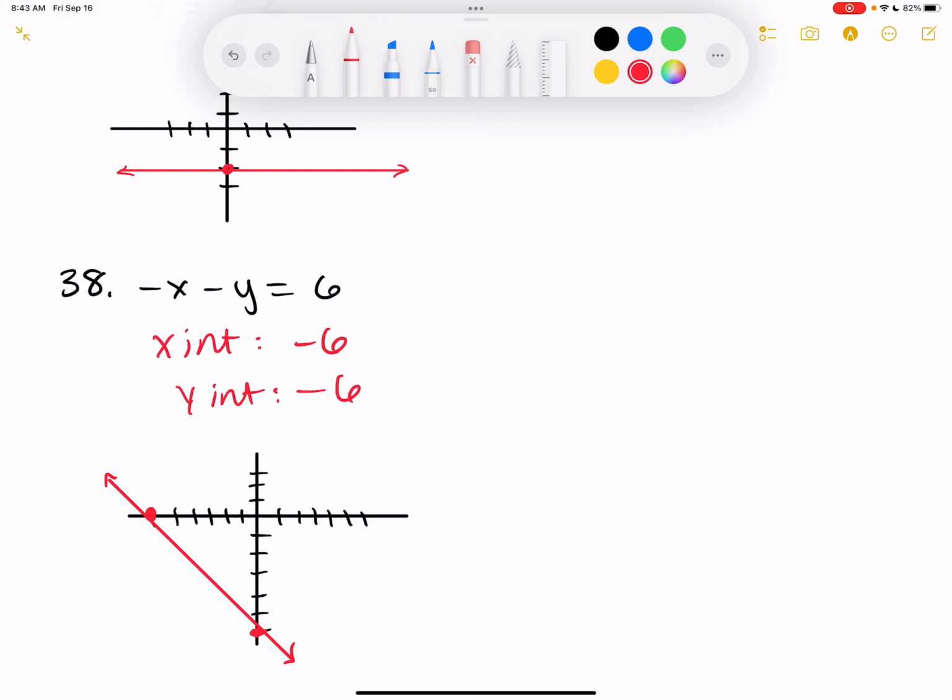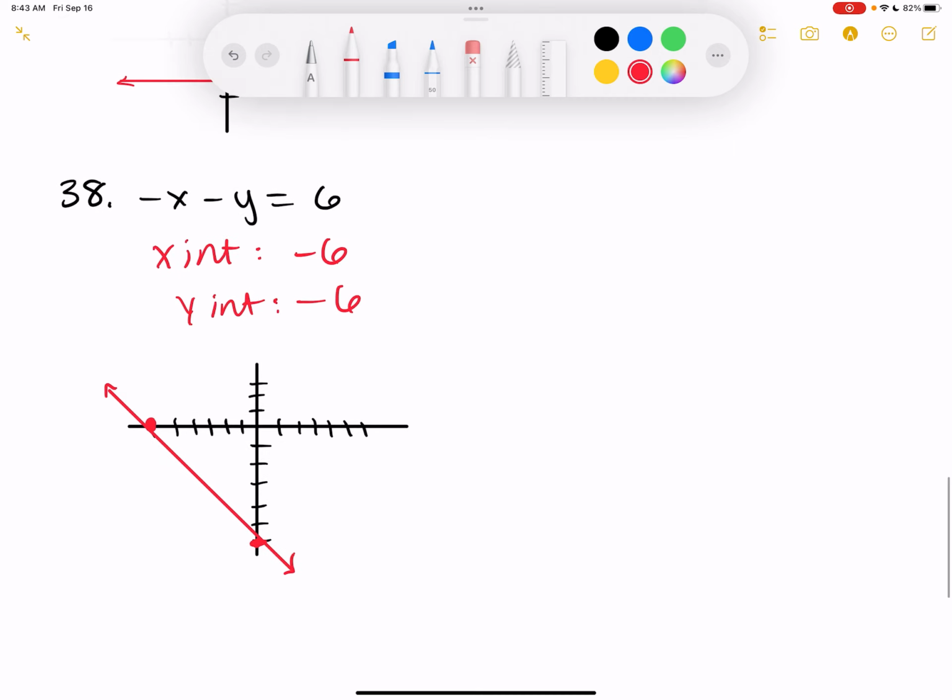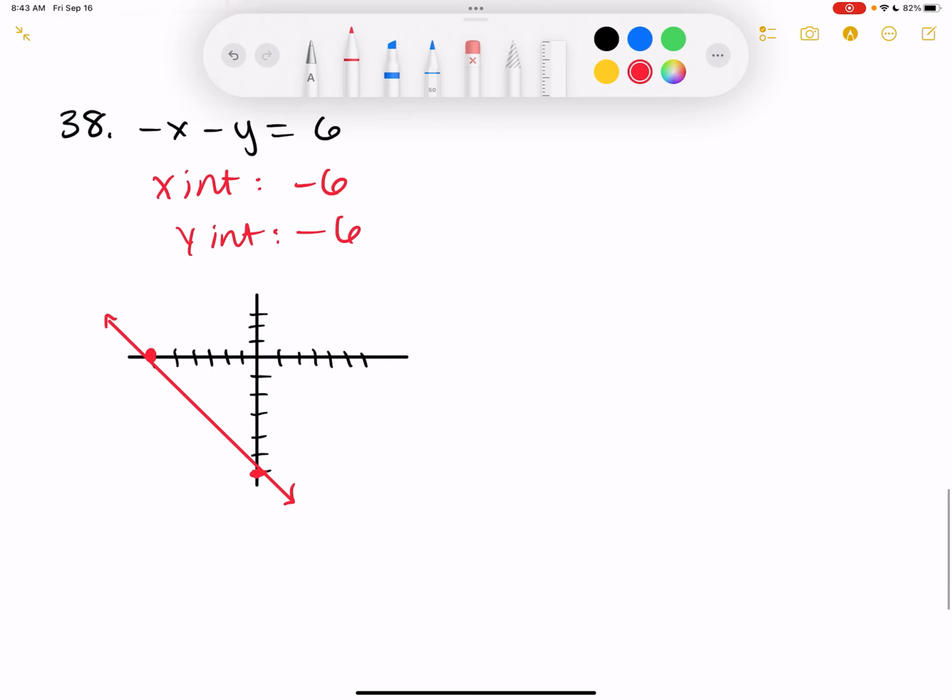All right. Let's see, I have a couple of these out of order. 44, -3 plus x equals 0. So what do I need to do to be able to graph this?